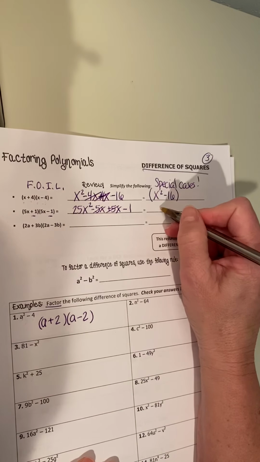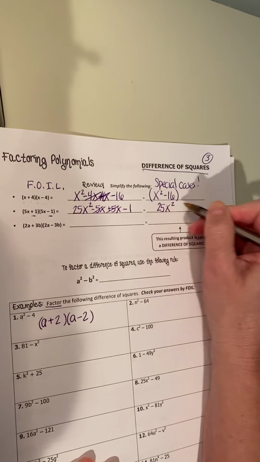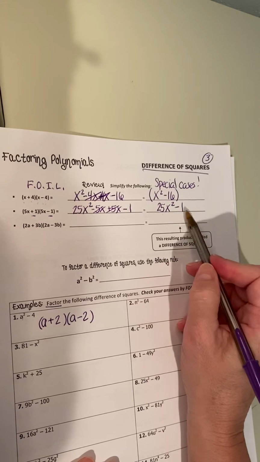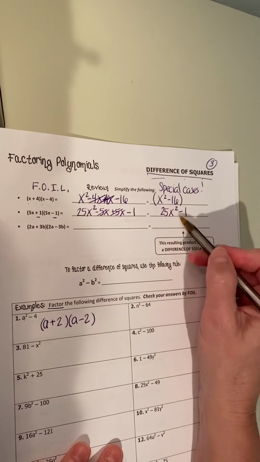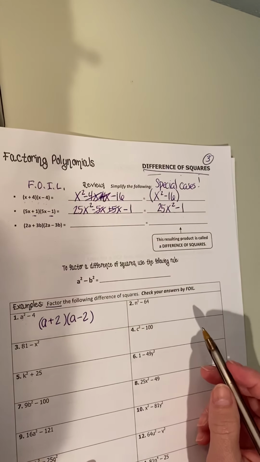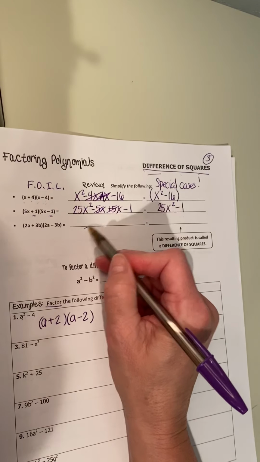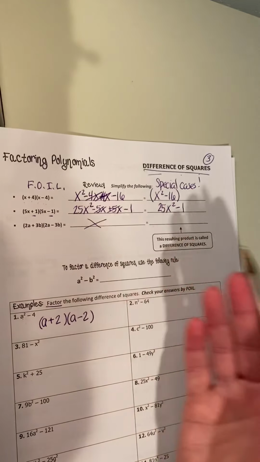So when you go to write this as simplified, it's going to be 25x squared minus 1. That's a perfect square minus another perfect square. That's why it's called a difference of squares. There's your difference. This one, I can technically skip this middle step because I know that O and I are going to cancel.